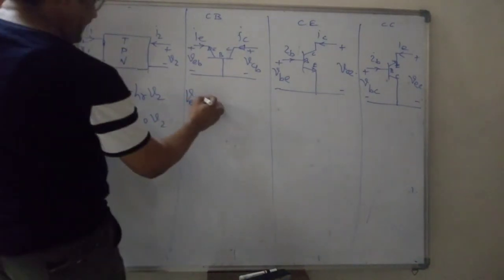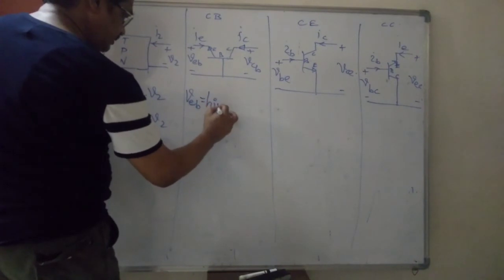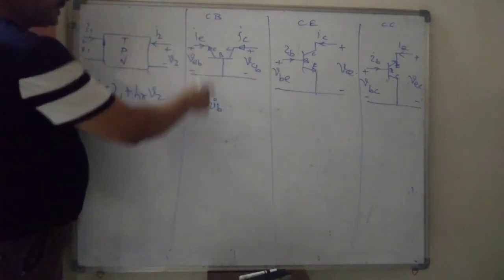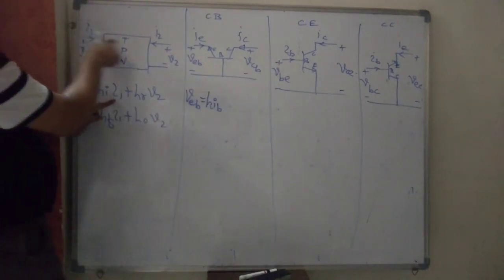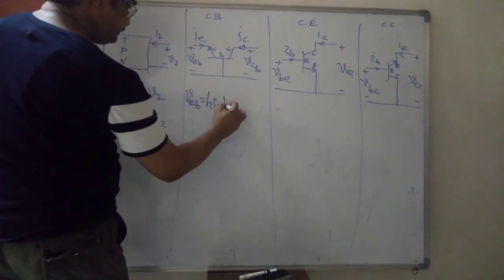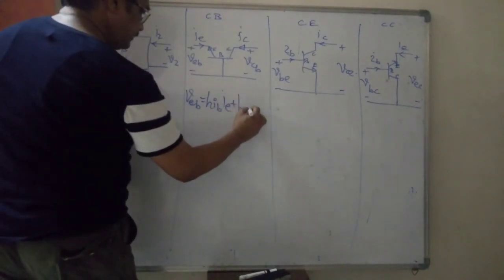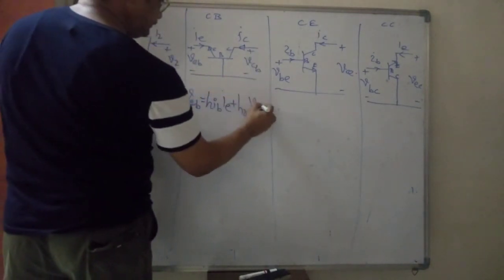In place of hi, this is common base, so hib. hi is general notation; I am writing for common base. Now second letter I will attach as hi. In place of I1, here it is IE, plus hrb, V2. In place of V2, here it is VCB.